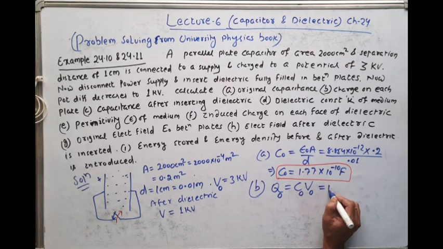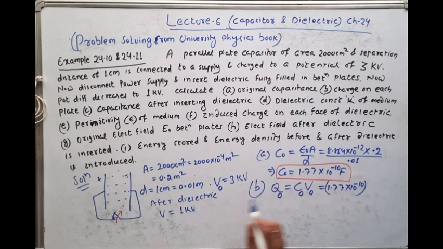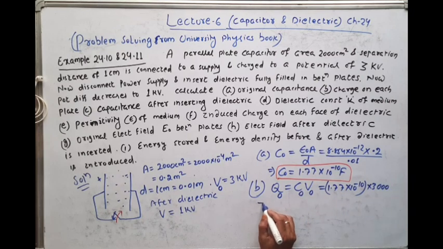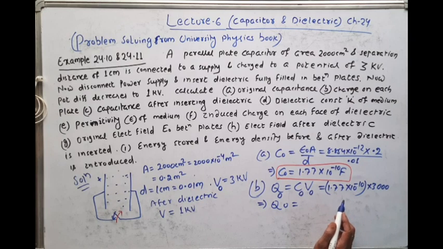C naught is 1.77 times 10 to the power minus 10 farad, and the initial potential difference across the plates is given as 3 kV, that is 3000 volt. After calculation, the result is 0.531 microcoulomb, that is 0.531 times 10 to the power minus 6 coulomb.